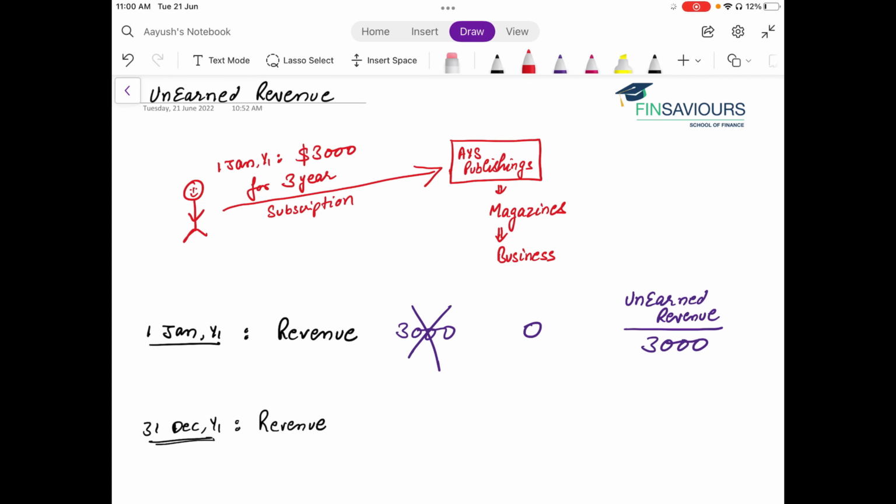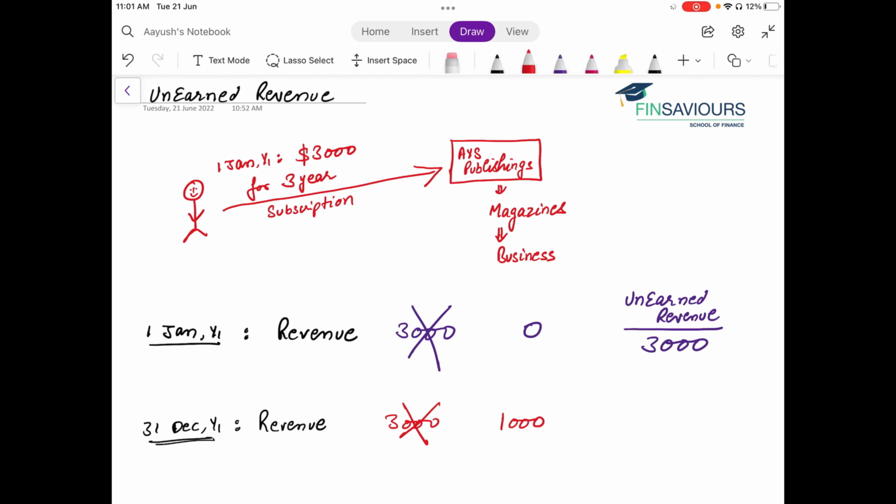Now, some people might say 3,000 is revenue. No, my dear, not yet. Still, I cannot take 3,000 as my revenue. Why? Because 3,000 was for 3 years, but I have completed only 1 year, right? So, how much will be my revenue? Only $1,000.